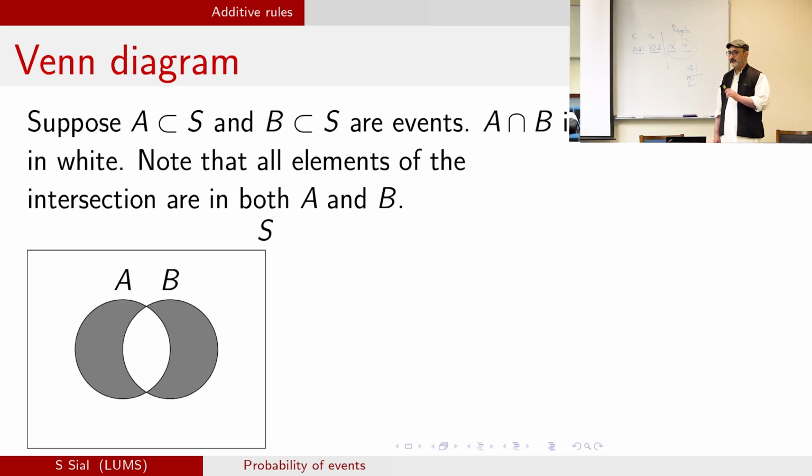A and B are events. They're subsets of the sample space. Right? So they're shaded, and then you've got this intersection is white. The elements of the intersection are in A union B, are in both A and B.